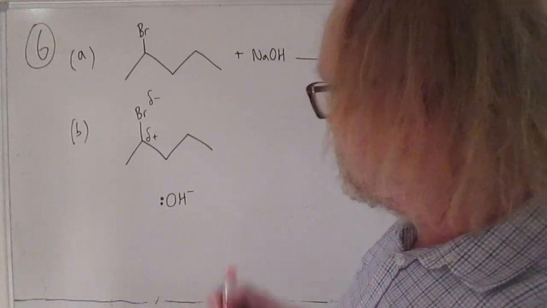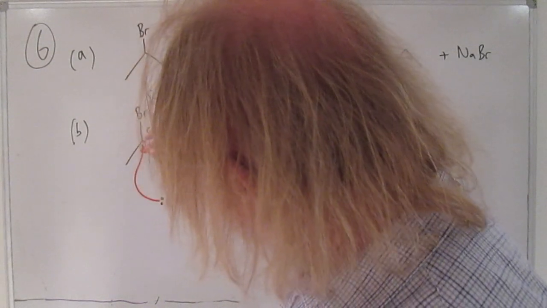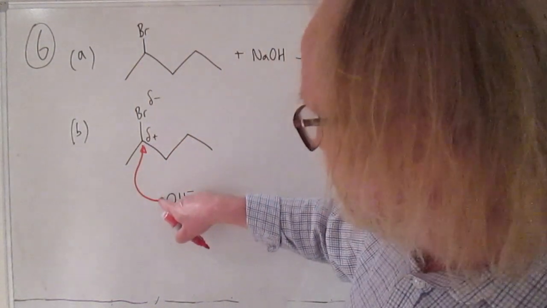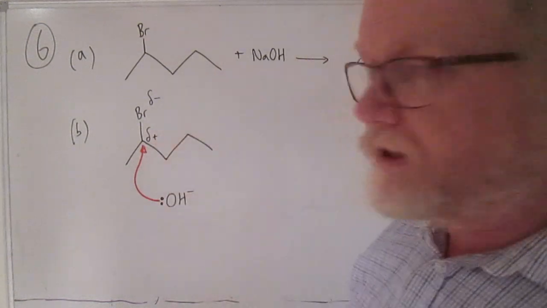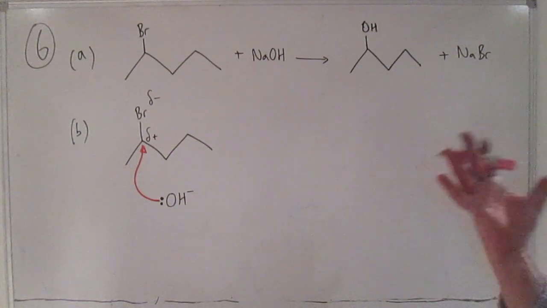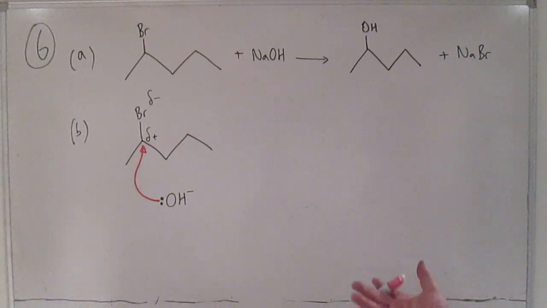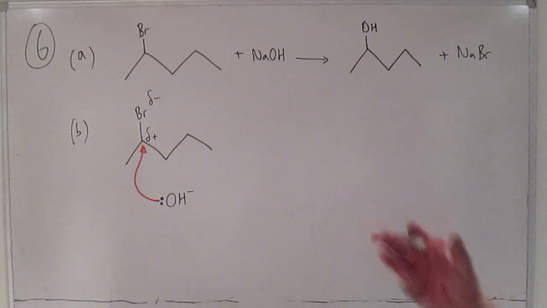And we show that, remember, with a curly arrow that looks like this, which must point from the lone pair to the carbon that's being attacked, must point directly at the atom that's being attacked. And what we also know by now is that that can't be the only thing that happens, because if that happened and nothing else did, that carbon would end up with 5 bonds, and that's not possible.